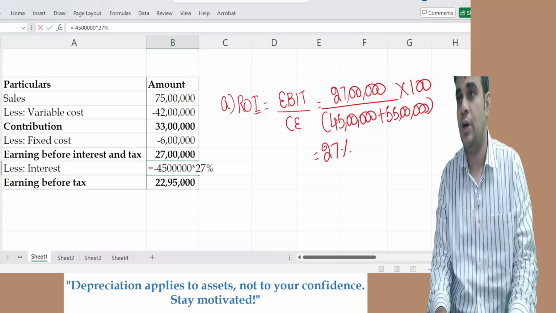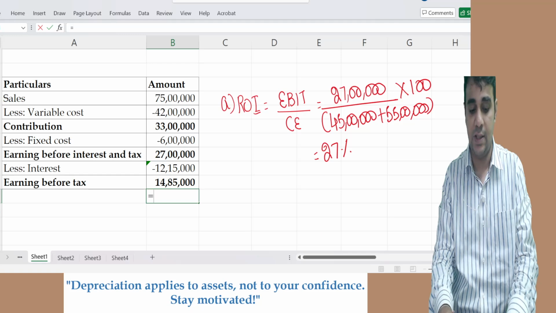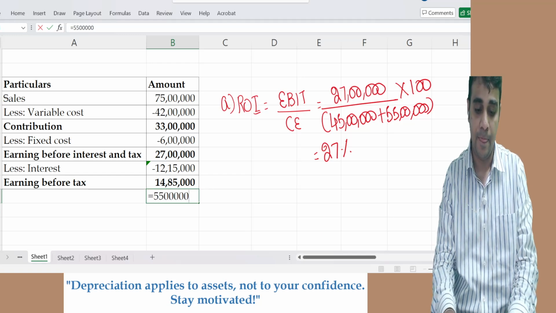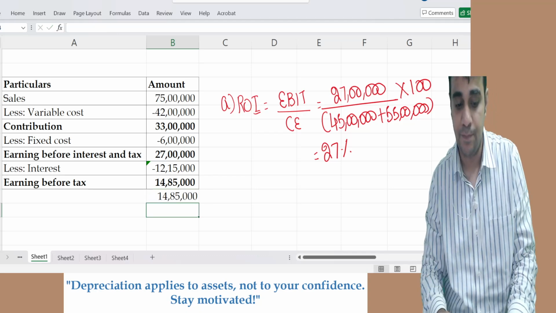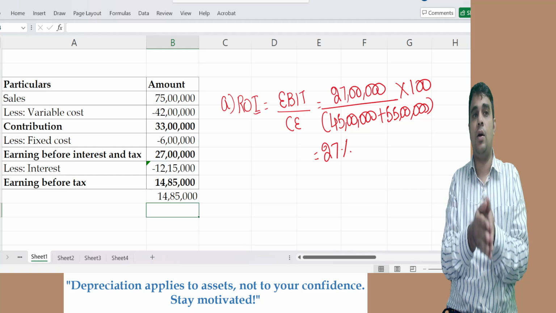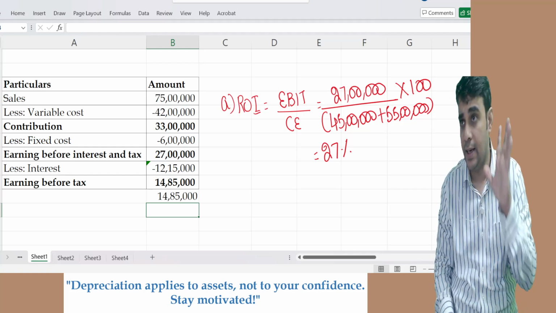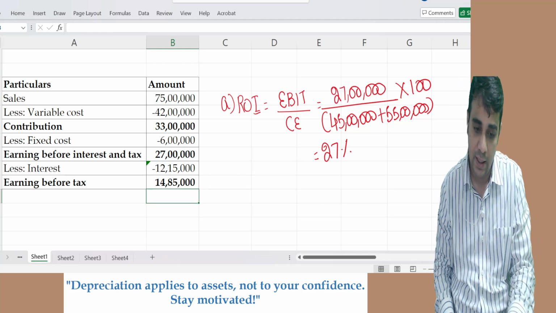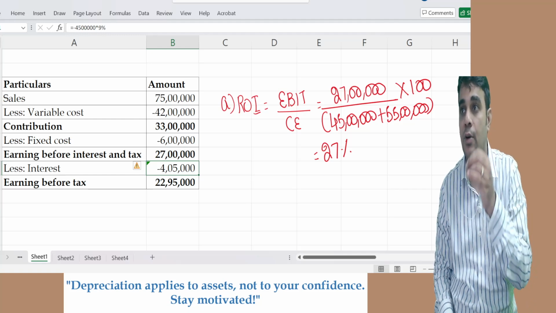If interest was 27%, equity guy would have got 14.85 lakh, which is 55 lakh into 27%. So business is generating 1 crore into 27%. Debt guys I pay 27, equity guys also I pay 27. But the question is saying debt guys we are paying how much? 9. Who will enjoy this extra? The extra will go to the equity guy.